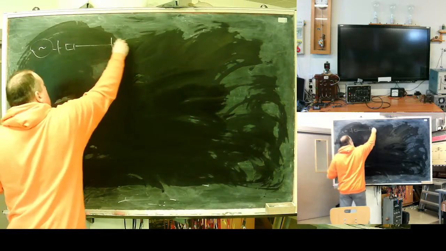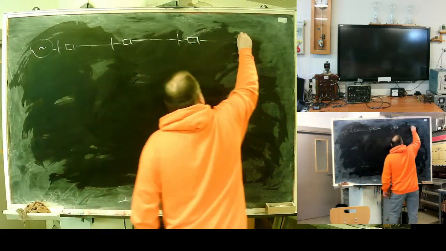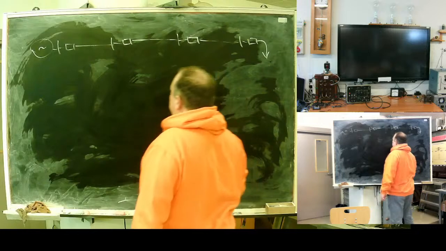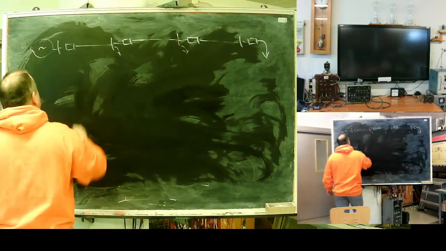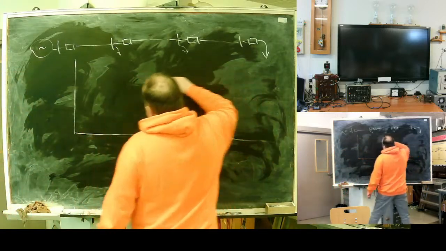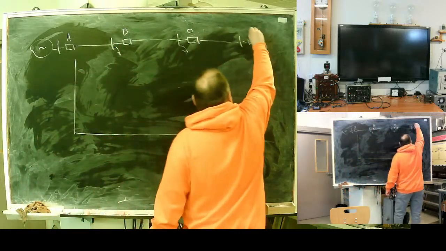For example, 1 segment, 2 segment, 3. Here is your end customer. And of course, there are customers everywhere, I'm simplifying. A, B, C, D.